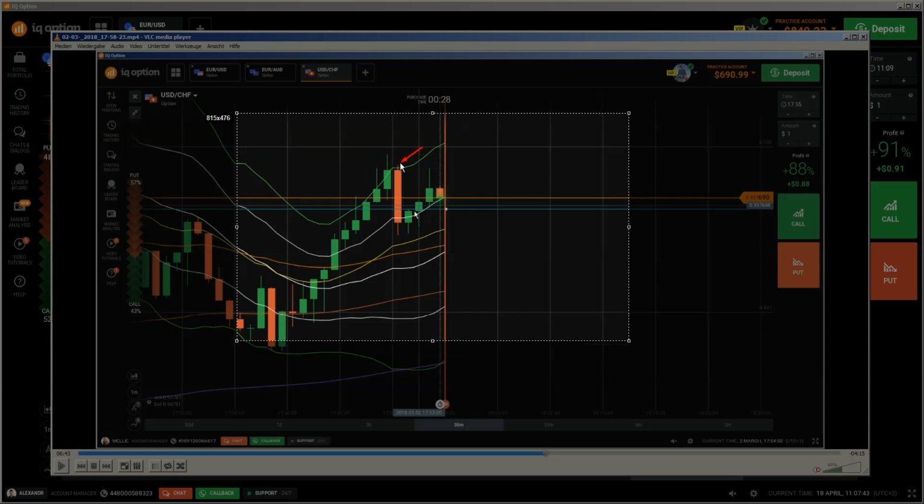This candle here is a lower high, because if this is a reference point, this reference point is a higher high, and this is a lower high. And this one here is a lower low, because this is a reference point here, the previous candle. Yes, this is a higher low.